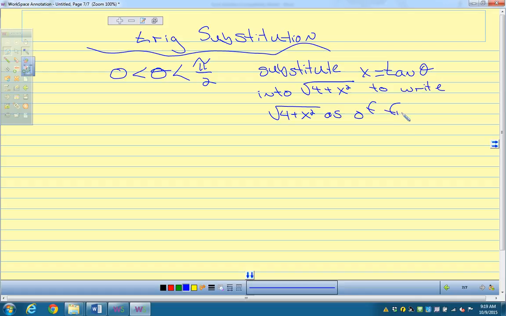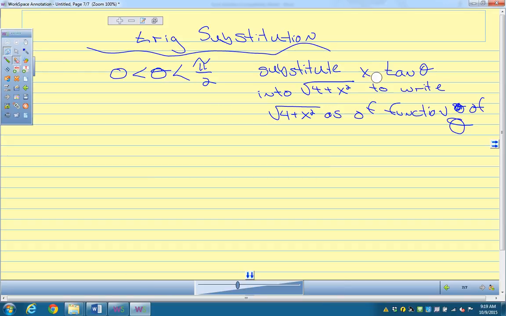I'll talk a little bit about why you would want to do this. So what they want to do here is take, did I write that down right? Whoops, I meant to put a 2 in front of here, sorry. It should be a 2 right there: x equals 2 tan theta.